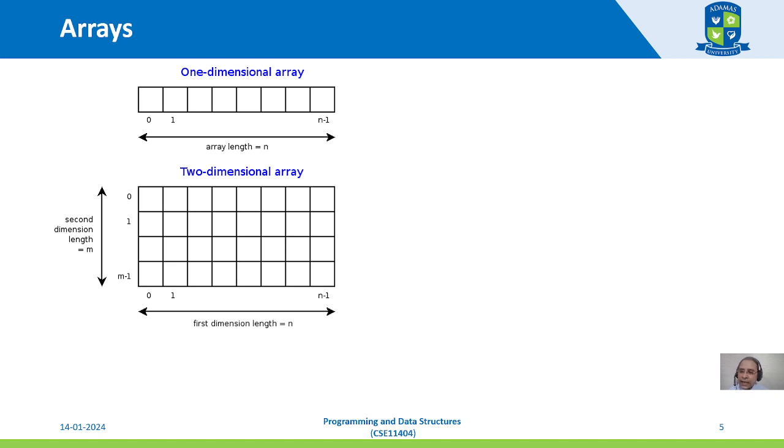Similarly, in case of the second picture, if the array name is ARR1, then it will point to the 0th column and 0th row. So always the array name will point to the first position of the array.